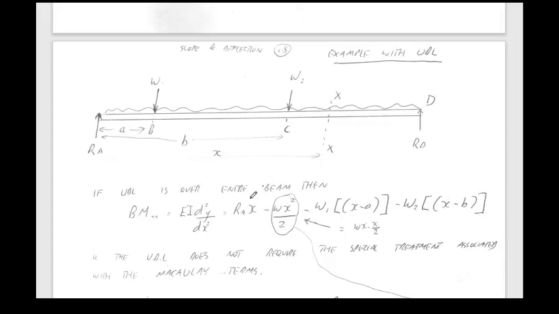So the first term here, RAX, is associated with this load here. So we've got the reaction at A, and we've gone X meters along the beam, so therefore that is X meters away. Okay, so RAX, that's that term there. We've then got this term here. This is the term associated with our UDL.